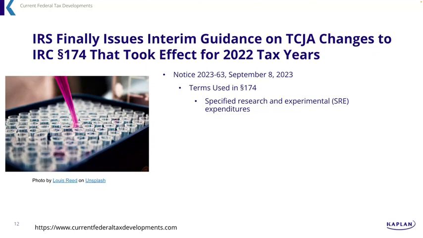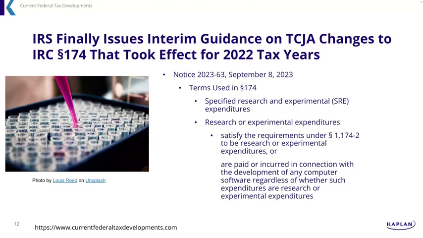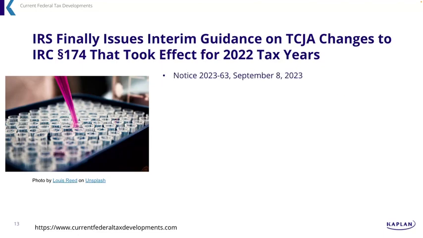And research or experimental expenditures are either ones that satisfy the requirements under old regulation 1.174-2 to be research or experimental expenditures, or are paid or incurred in connection with development of any computer software, regardless of whether or not such expenditures are research or experimental expenditures. Those are the keys, what we end up doing there.